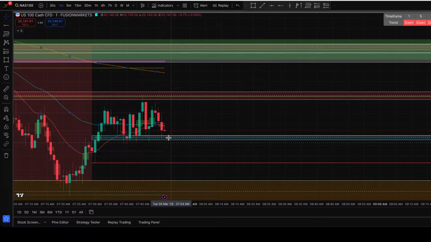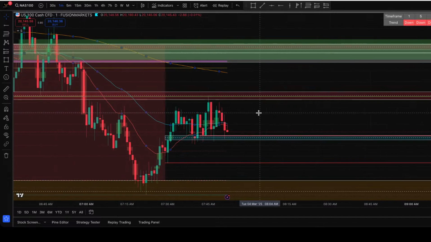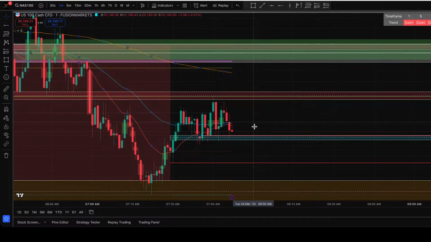The second we have a candle close below this, we might have a tap into one of these fair value gaps, and then most likely a push down to give us our bearish confirmation. But let's see. Just be patient.